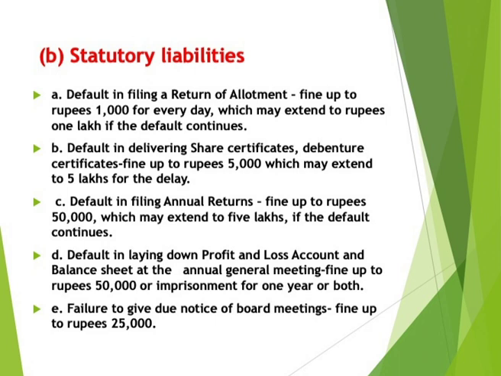Whenever there is an annual general meeting, if the company secretary is not able to present the annual statements, the balance sheet or the profit and loss account, then there is a fine of 50,000 rupees or imprisonment for 1 year, or both. Next, failure to give due notice of board meetings. Board meeting notice has to be given to the shareholders. If it is not given, a fine of up to 25,000 rupees will be imposed.